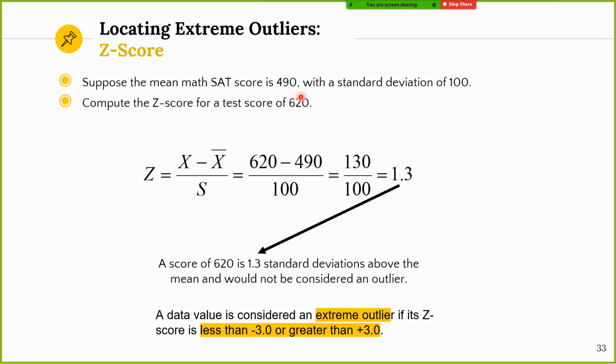So that's why we need to compute the z-score to make sure that this is an outlier. Then we can do something about the outlier that we have. Okay, so that's my answer. Thank you, sir. You're welcome.